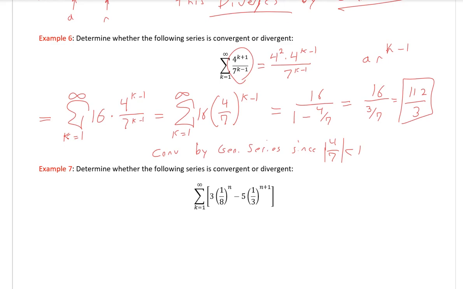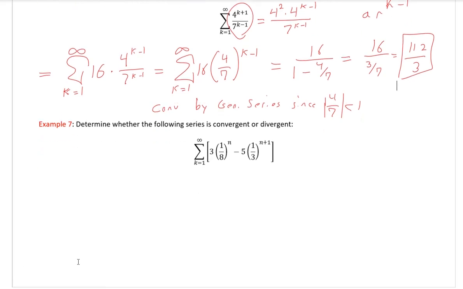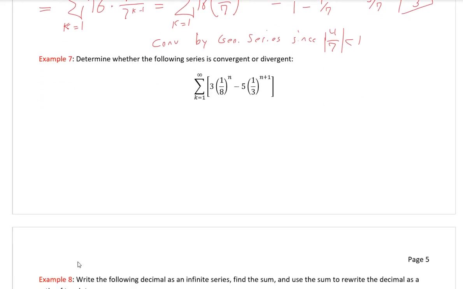Okay, one last one of a geometric series. This one looks a little bit longer. We have the summation of 3 times 1 over 8 to the n minus 5 times 1 over 3 to the n plus 1. Again, we want to make these look like geometric series, so a times r to the n minus 1 is what we're looking for. We don't have either of those, and we also have a combination of things.